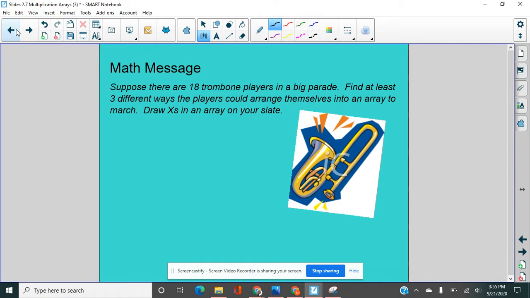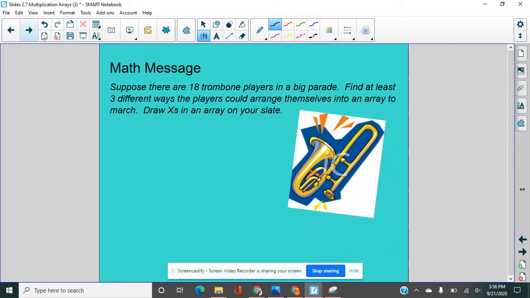Well, you're going to use your notebook. Okay, so you're going to draw 18 X's. You should not have more than 18 X's. I want you to arrange them into a rectangle that shows how these trombone players might be standing if they were in a parade. And then see if you can find another way, right? If you really are on it, you can try to find 3 ways. All right, good luck.